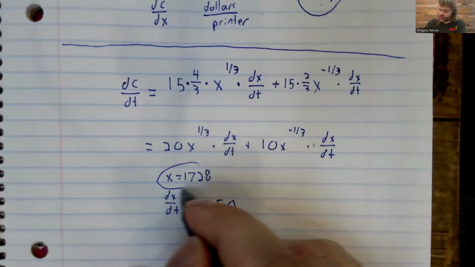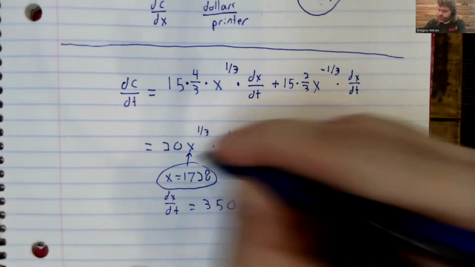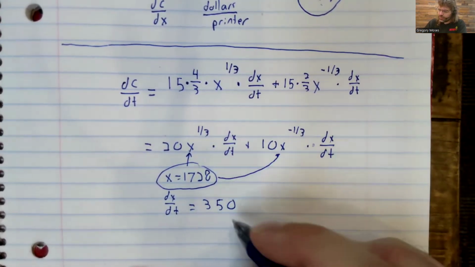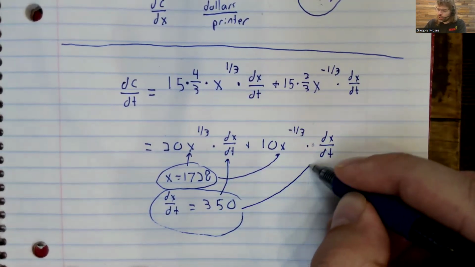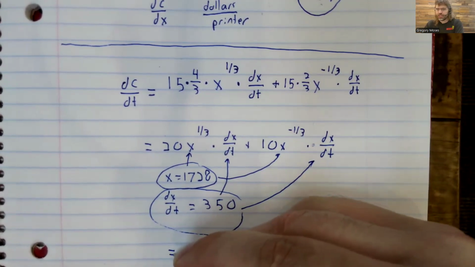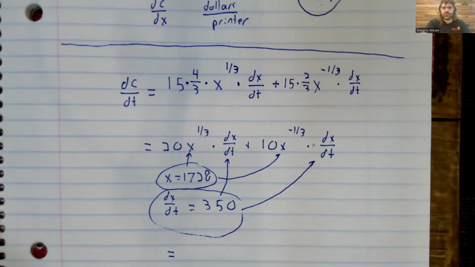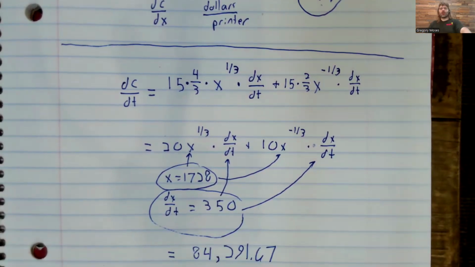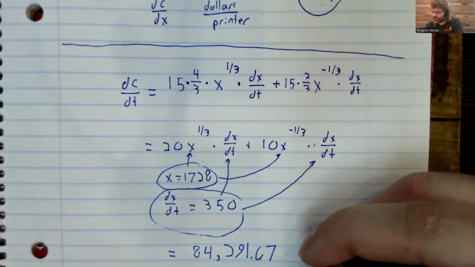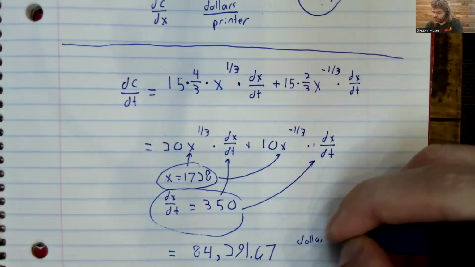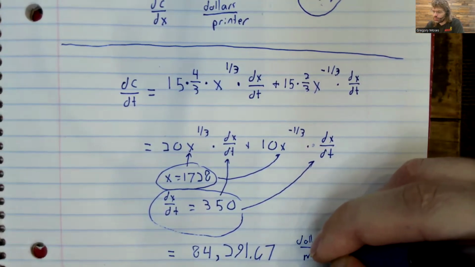And now we can just take the x and plug it in, and take the dx/dt and plug it in. Let me do that on my calculator. Let me pause this. The cost is increasing at a rate of $84,291.67 per month.